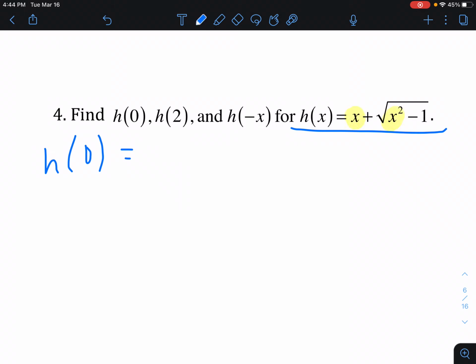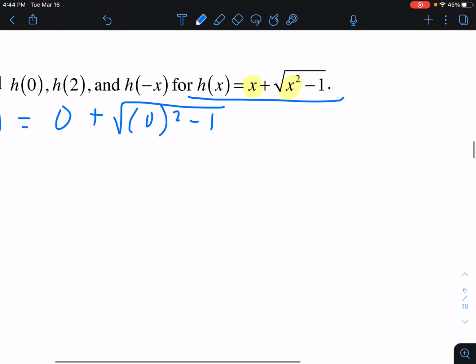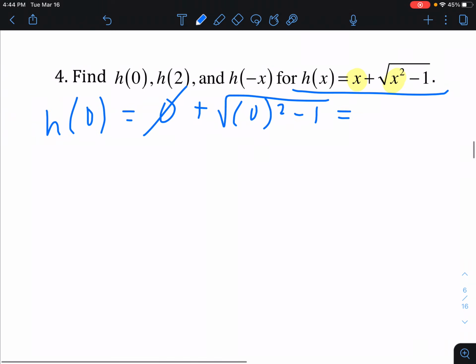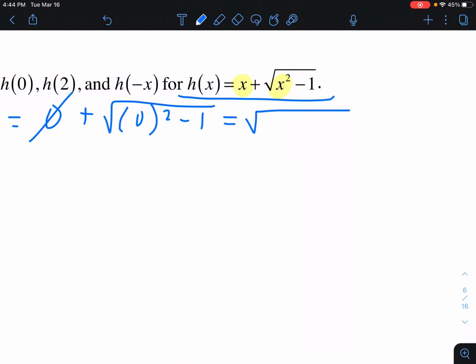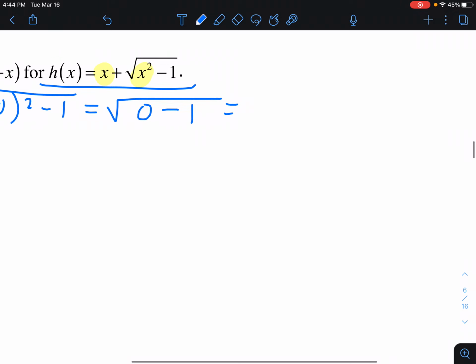Gotta be careful with the radical. So 0 plus square root of 0 squared minus 1. We can get rid of this 0, so it's just square root of, and then the square root, 0 squared is 0. And then we have the square root of -1.